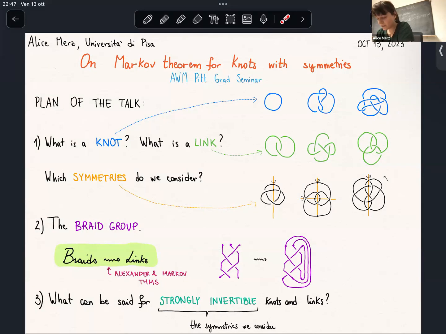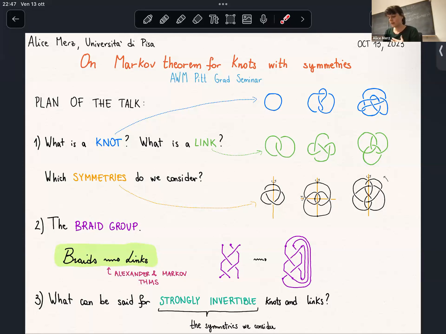In the second part of the talk, I will introduce a group called the braid group. This is an algebraic object, but it has a very strong connection with links. And I will make this connection more explicit by explaining what the Alexander and Markov theorems are. And in the end, in the last part, I will tell you more about my research.